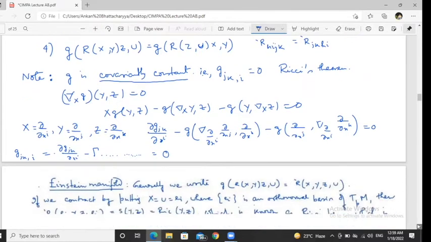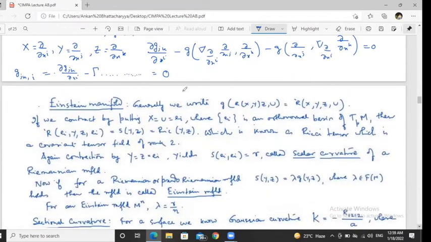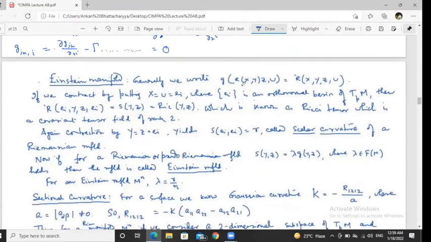Now there is another concept, the Einstein manifold. Generally we write g(R(X,Y)Z, U) equals R'(X,Y,Z,U), and if we contract by putting X equal to e_i, where e_i is an orthonormal basis of T_pM, then R'(e_i, Y, Z, e_i) is denoted by S(Y,Z). This is the Ricci tensor S(Y,Z), a (0,2) covariant tensor field.